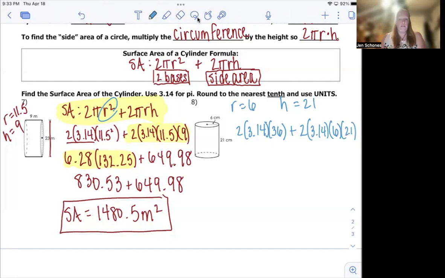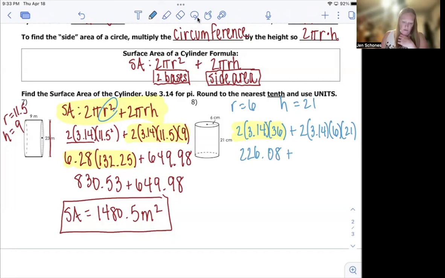Whew, so many. Now I'm going to simplify the left first. So 6.28 times 36, and I get 226.08.